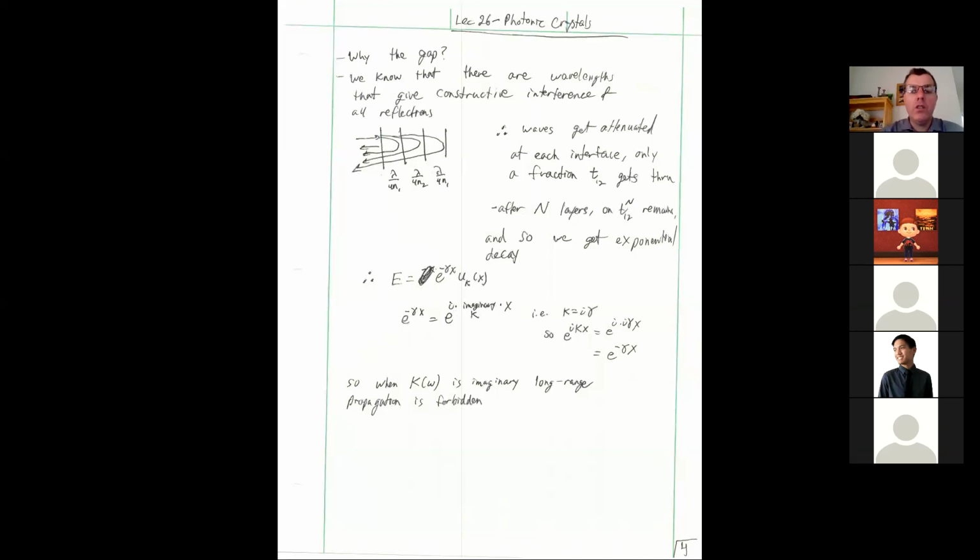Right? So if we solve our equations, and we're going to show our equations in a moment, but whatever equations we get, if we're in that band gap, then suddenly k goes from being a real number to an imaginary number. And that's how we know that we're in a band gap. k is imaginary. e to the ikx is e to the minus something times x, exponential decay. Any questions?